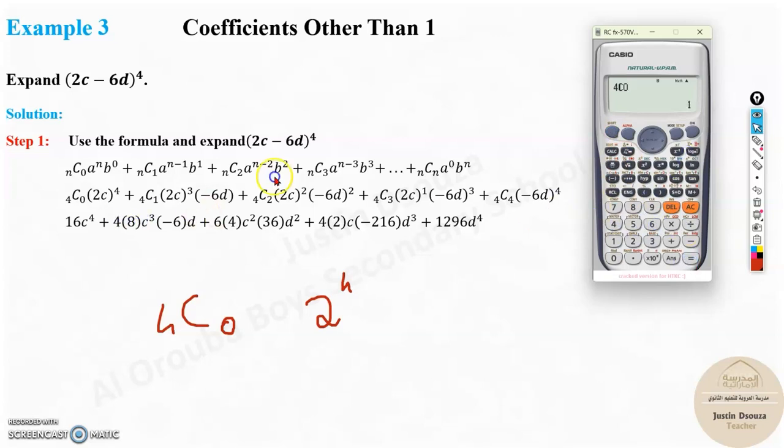You need to multiply it with 2 to the power 4. Why? Because this is the coefficient, right? So 1, 16. Over here it's done separately. You can see 2 to the power 3 is 8. It's multiplied with this number as well.